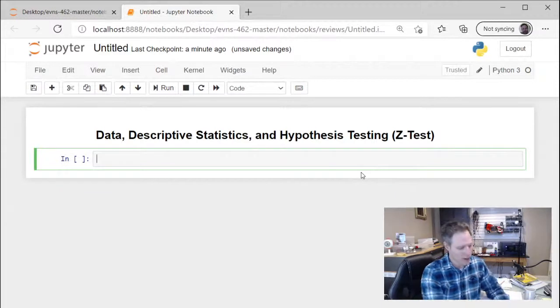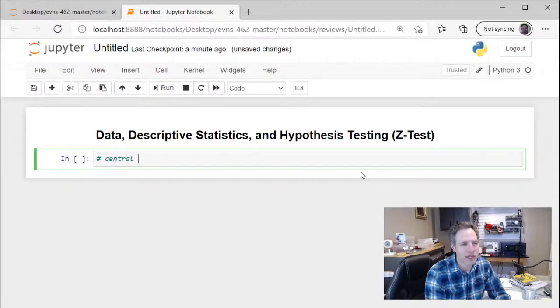Okay, so let's start with, we talked about several different measures of central tendency. Please excuse my spelling errors.